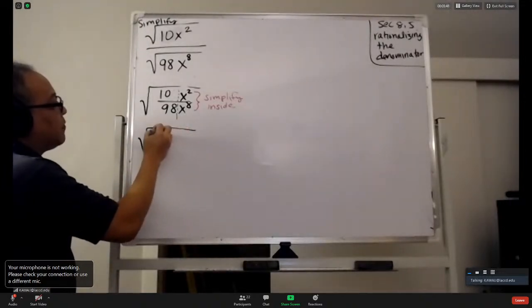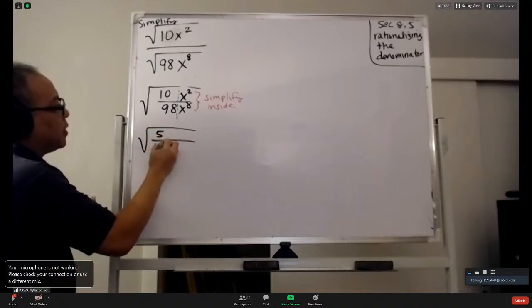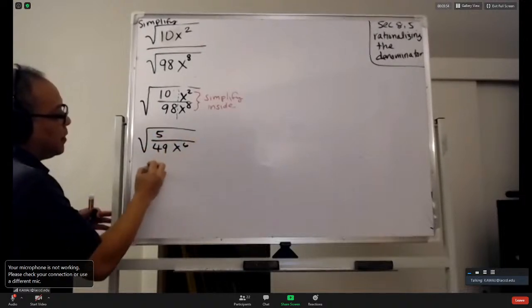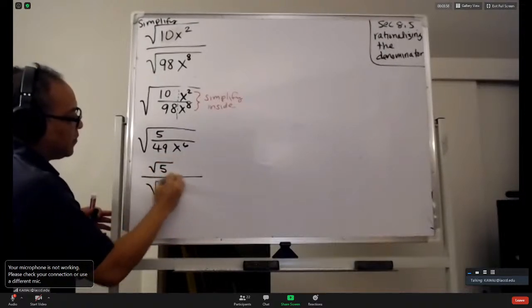So now you have 5 over 49 x to the 6, and then go ahead and simplify the top, and then simplify the bottom if you can.